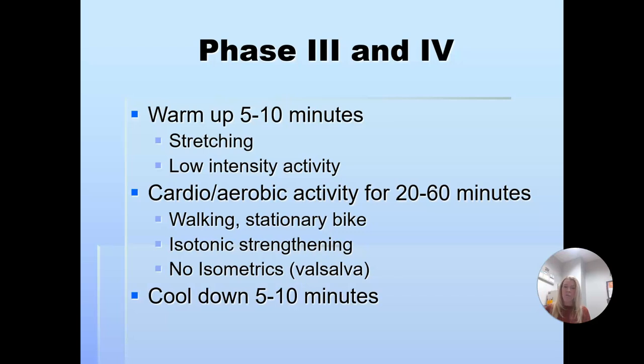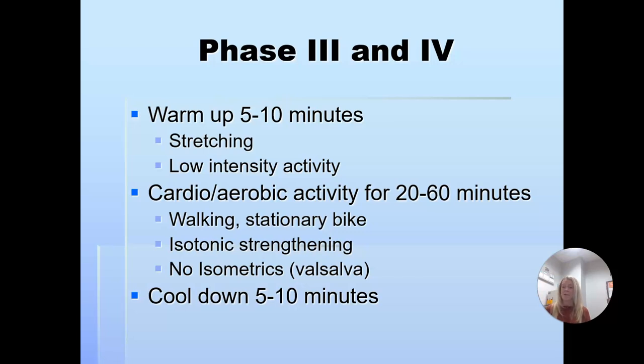During phase 3 and 4, again, these are your end phases, we should do a proper warm-up before we just jump into activity. And then again, our goal is to do anywhere from 20 to 60 minutes of cardiac or aerobic activity. So walking, stationary bikes, some strengthening. Again, do be careful of Valsalva maneuvering. And so isometrics are sometimes a culprit for that, trying to tighten and squeeze and hold a muscle.